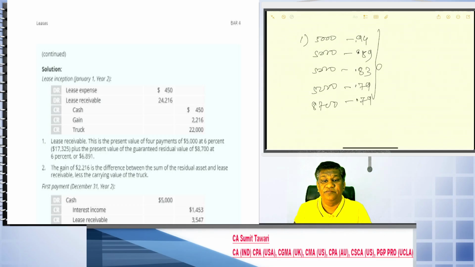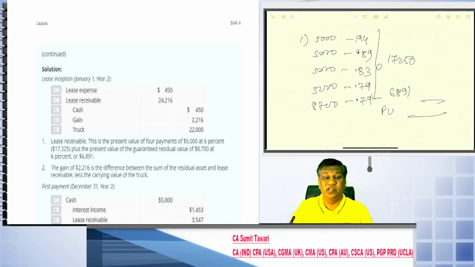it comes to about 17,325. There is a small difference in my approximate calculation. These are the present value of the lease rentals, plus the residual value.